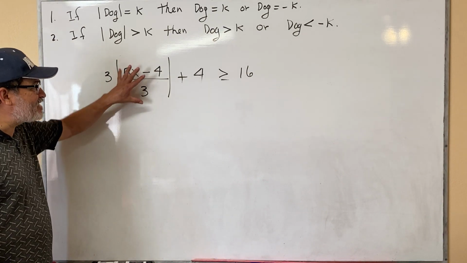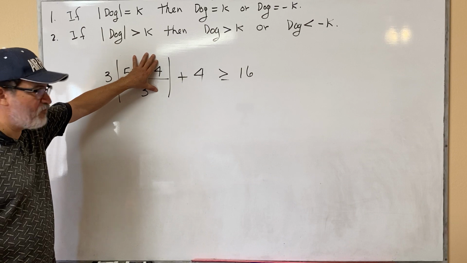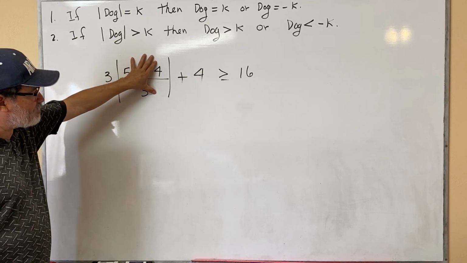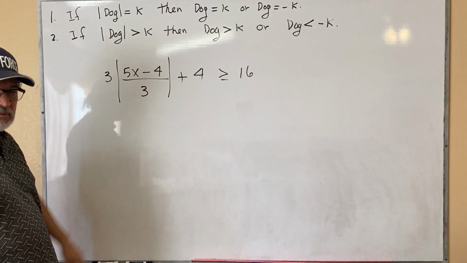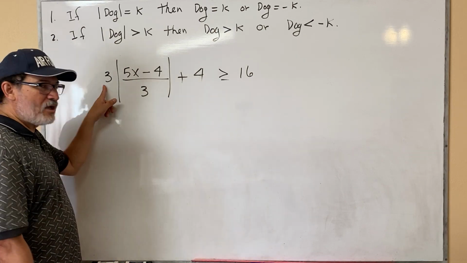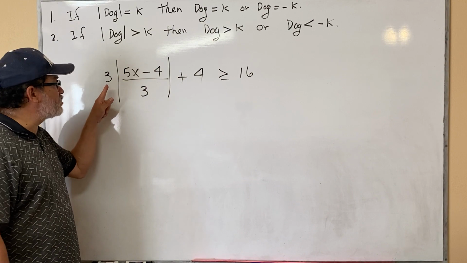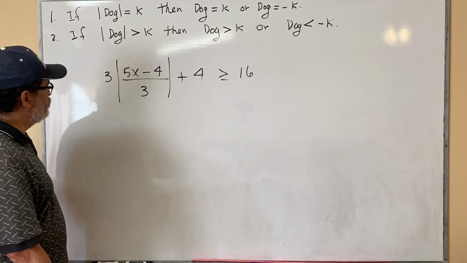We must isolate the absolute value first, just like before. If you're going to use this conclusion, you better isolate this absolute value, have it by itself. So you need to get rid of this 4 and you need to get rid of this 3. This 3, never cancel this 3 and that 3. It's wrong. You can't do that.